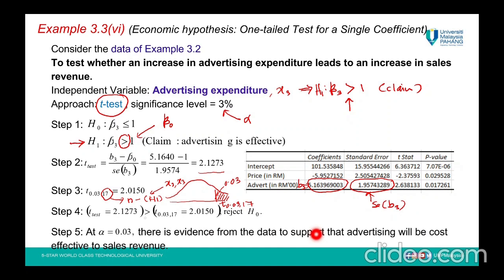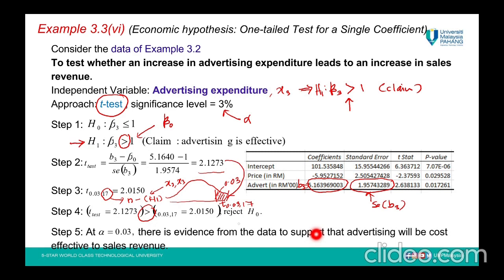Okay, we go to step 4. In step 4, we want to make a decision on H0. By comparing the t test value and the t critical value, we can see that the t test value is greater than the t critical value, or that the t test value lies in the rejection region. So the decision here is reject H0.